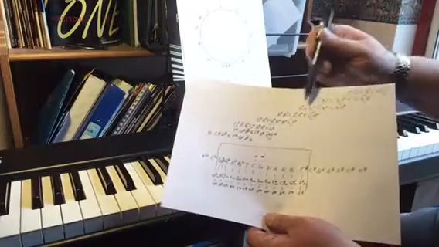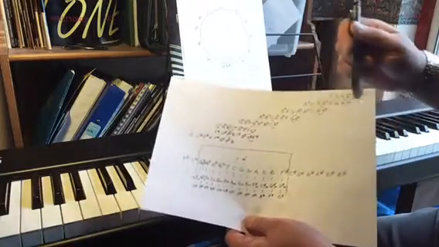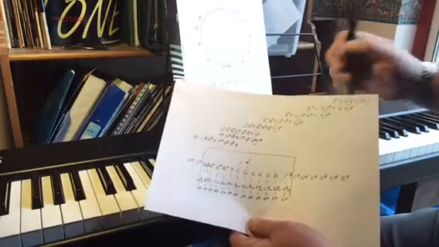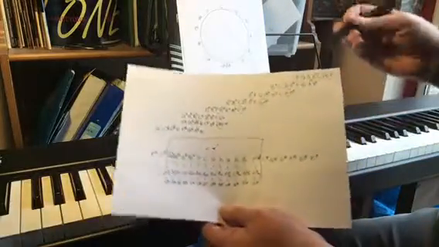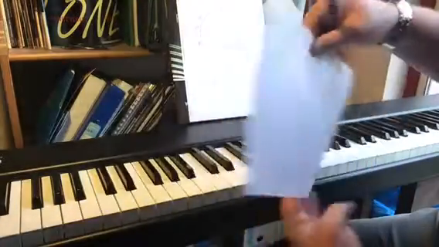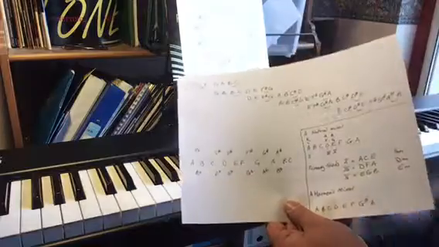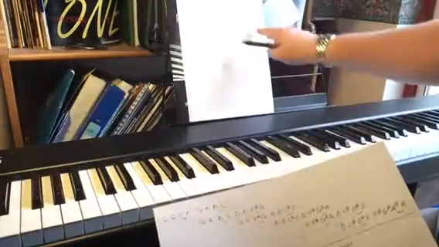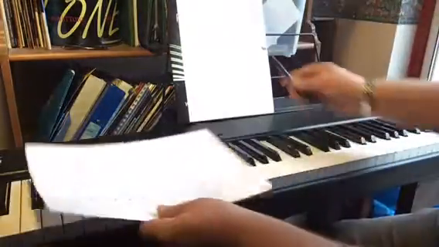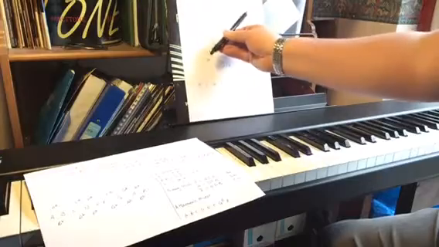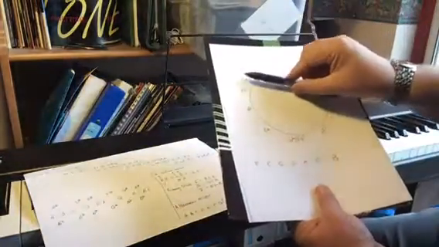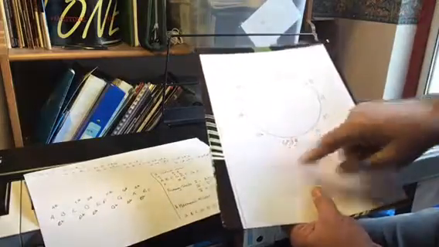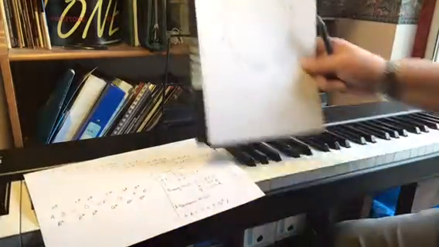There are 4 flats there. 3 in E flat, 2 in B flat, 1 in F major, and then the second half of F major, C, D, E, F, brings us back round to our C major. So as I say, we've gone round in a big circle. To the right, you add a sharp each time. To the left, we add a flat each time until we meet at the bottom there.